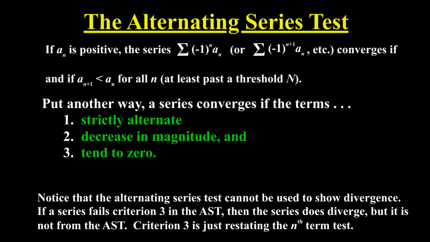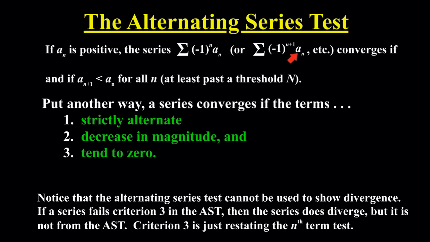So that leads us to what is called the alternating series test. And here it goes. If a sub n is positive, the series, the sum of negative 1 to the n power times a sub n. By saying a sub n is positive, it means that this value right here will have no bearing on whether this alternates signs or not. The only thing that determines whether you alternate signs will be this value right here.